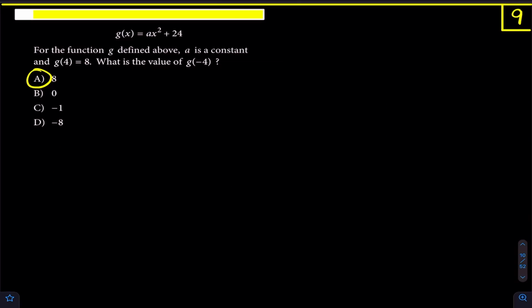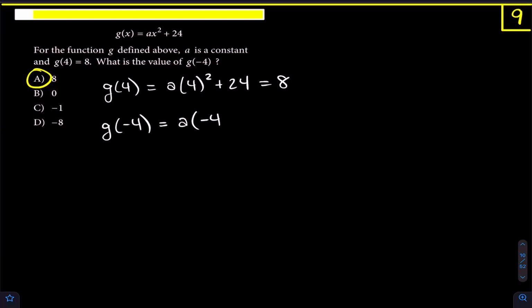So what we can do here is say, okay, well, I know that g of 4 is a times x squared, which I can write as a 4 squared plus 24. And this guy's equal to 8. From here, you can solve for a. And by the way, from here, you can also see that if I was doing g of -4, and I plug in this -4 for x, it gets treated just the same as 4 does because it gets squared.